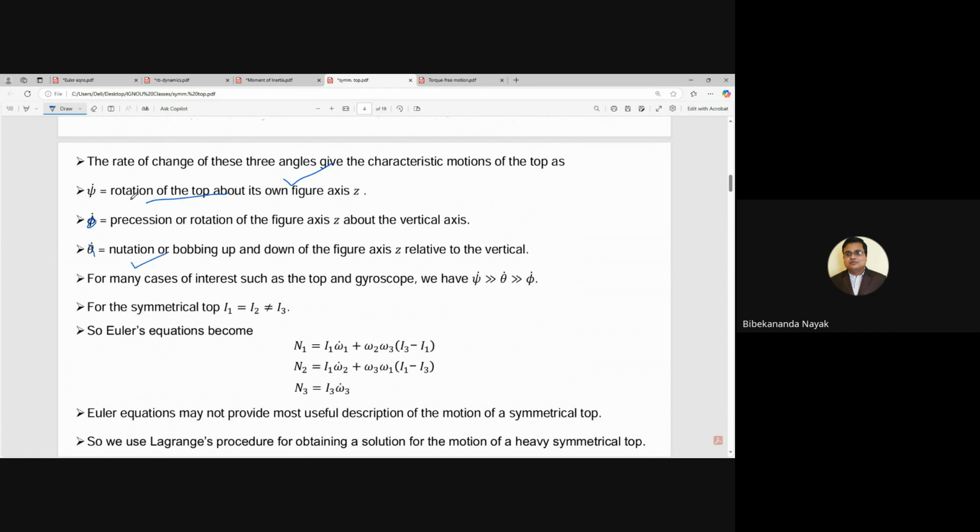Three motions: rotation, precession, nutation. Rotation is when the top is rotating about its own axis. Precession is when the top moves around the vertical axis. Sometimes the axis may move up and down. That is known as nutation, or bobbing up and down.